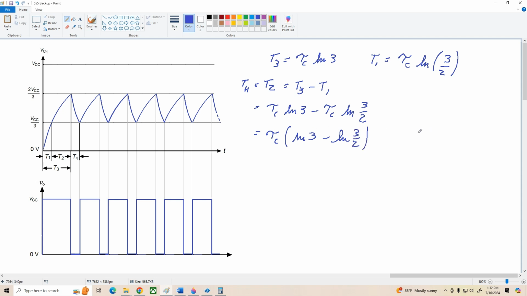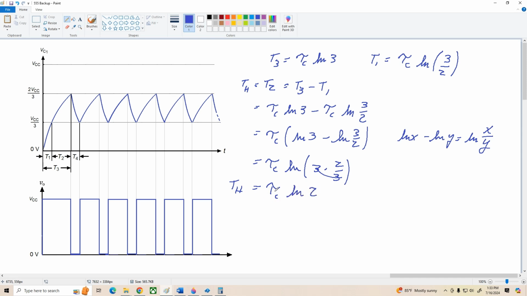And basically what we have here is the natural log of x minus the natural log of y, which equals the natural log of x over y. So we've got the time constant times the natural log of 3 times the reciprocal, 2 over 3. The 3's cancel, and we get T sub H equals the charging time constant times the natural log of 2.